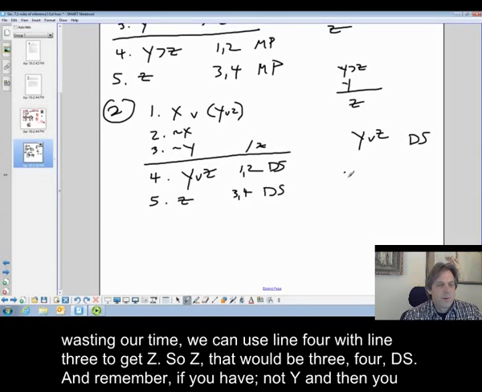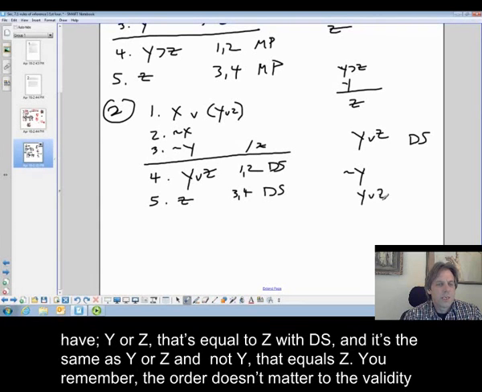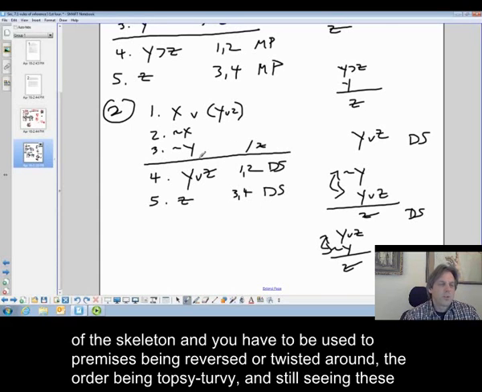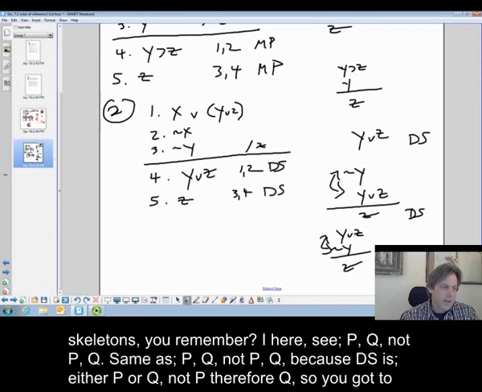DS. And remember, if you have not Y, and then you have Y or Z, that's equal to Z with DS. And it's the same as Y or Z and not Y, that equals Z. You remember, the order doesn't matter to the validity of a skeleton, and you have to be used to premises being reversed or twisted around, the order being topsy-turvy, and still seeing these skeletons.